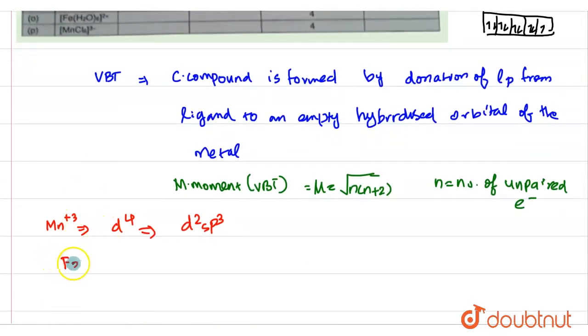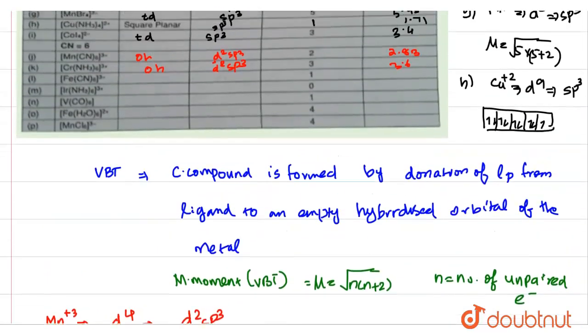Fe 3+ is a d5 system with 1 unpaired electron. So we will have structure like this: 1, 2, 3, 4, 5. This will be the 1 unpaired electron.